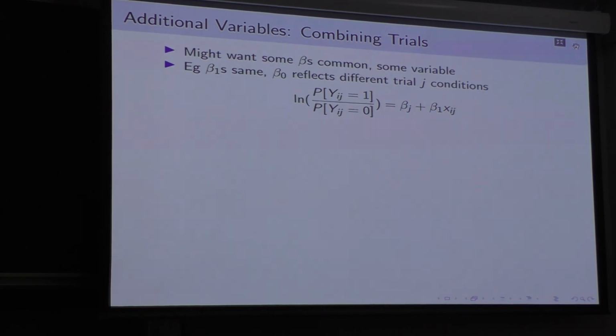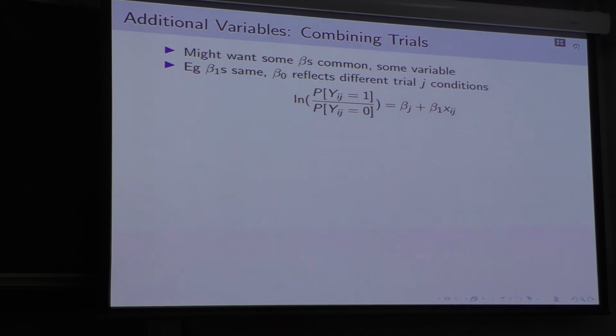So in this example, the way I've set it up is I've said the beta 1s should be the same, reflecting that the effect of the treatment should be the same, because beta 1 is the coefficient for x1, the treatment. So the treatment effect is the same everywhere, but something is a bit different in trial J. That means the typical levels of the response, or the probability of being a success, are higher or lower, simply because you're in that trial centre.